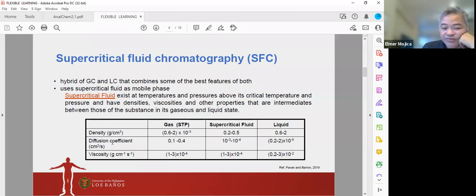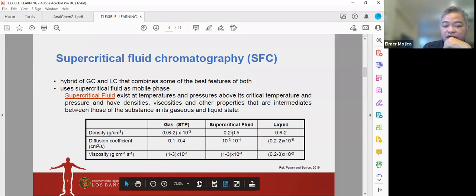Now, in terms of diffusion coefficient, the supercritical fluid has a lower value compared to the liquid, and much more the gas. In terms of viscosity, we could say it's most comparable with the gas compared with the liquid.